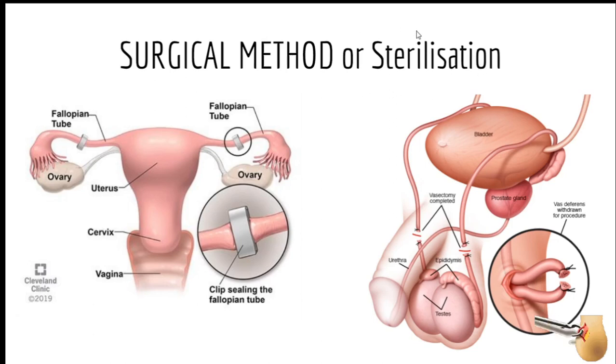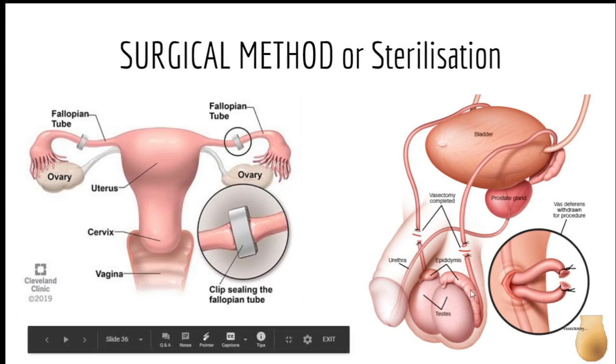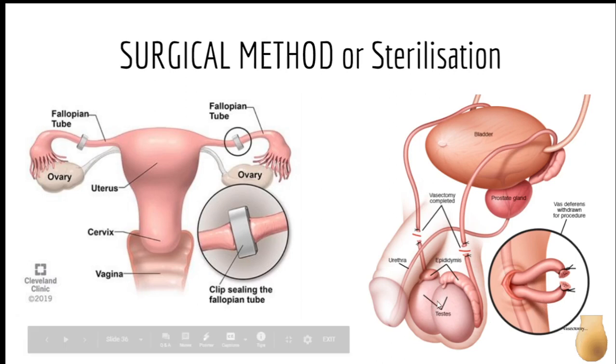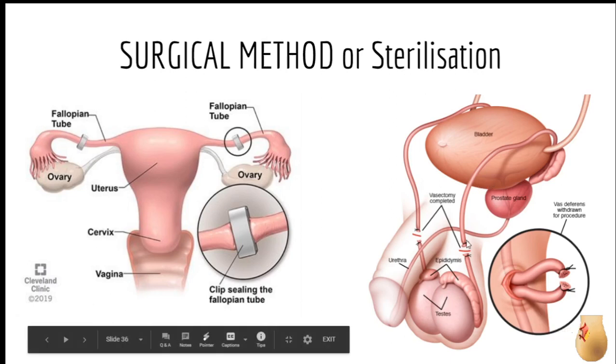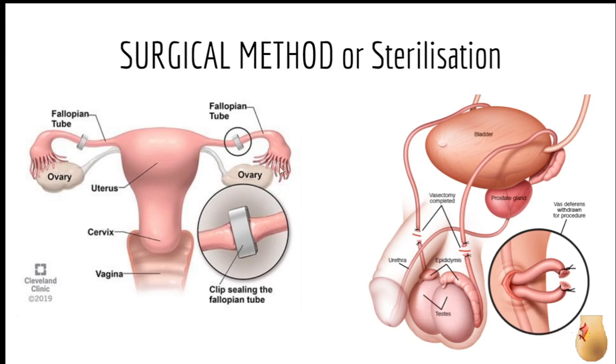So this is surgical or sterilization. The word sterilization means permanently disabling the sperm movement or the ovum movement into their respective tubes. In vasectomy, the sperm itself will no longer travel through the vas deferens.